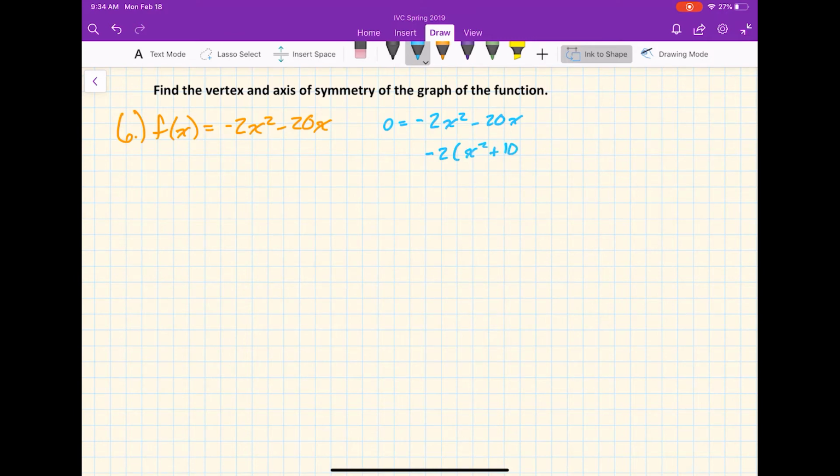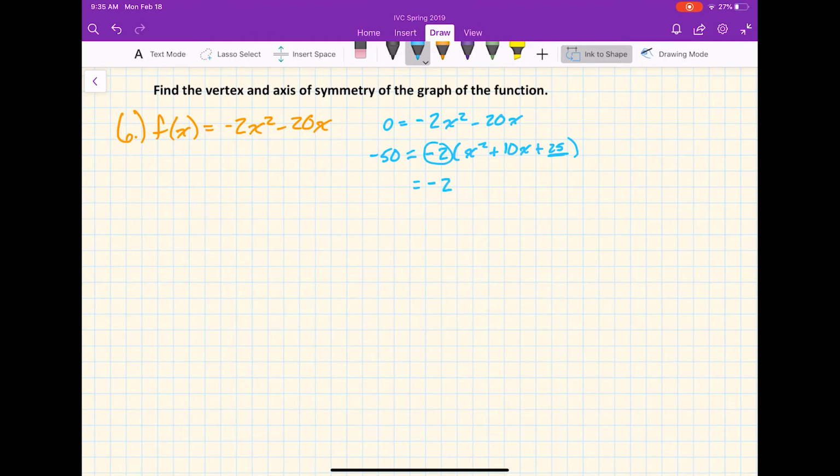I'm going to do the long way first, so version 1 or method 1. So factoring out a 2 here, and then we're going to complete this square. So to complete the square, we would need 25 here. 25 times negative 2 is negative 50. So we have to add the negative 50 to the other side of the equation to balance this all out.